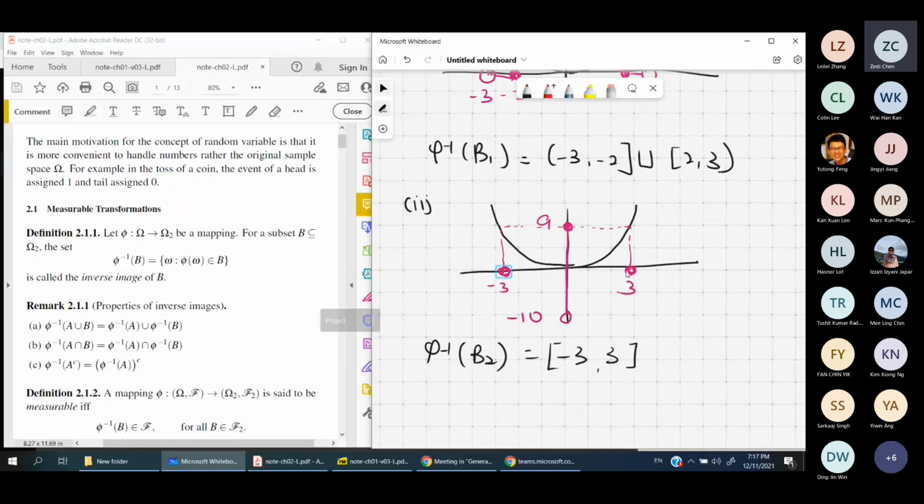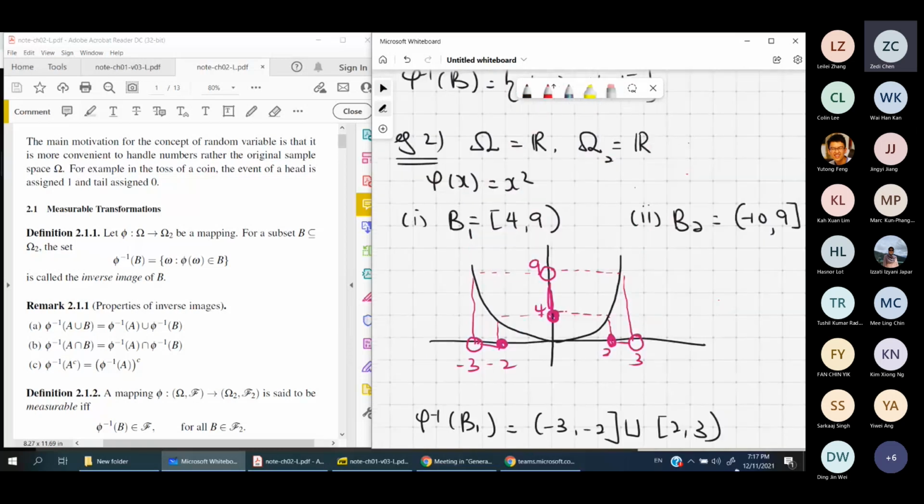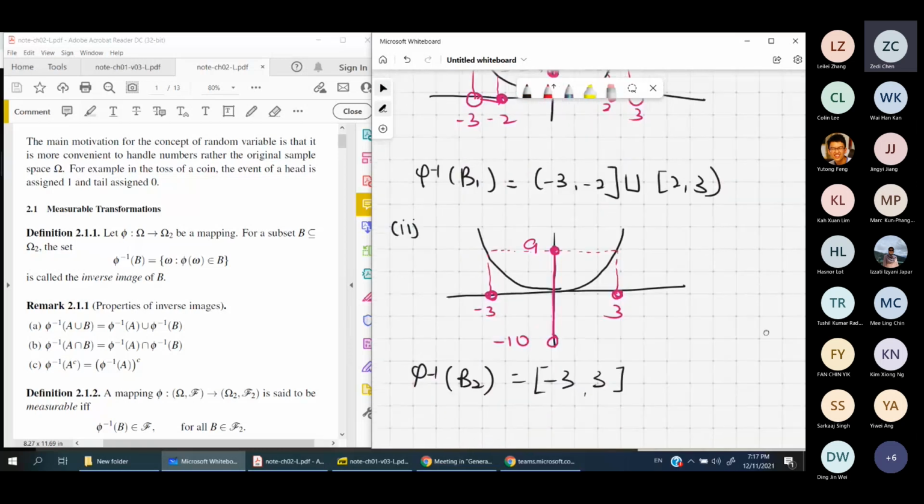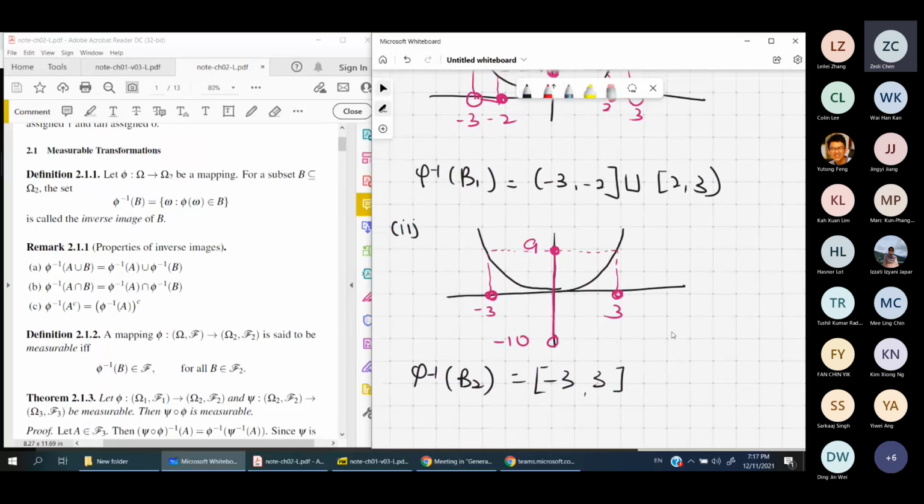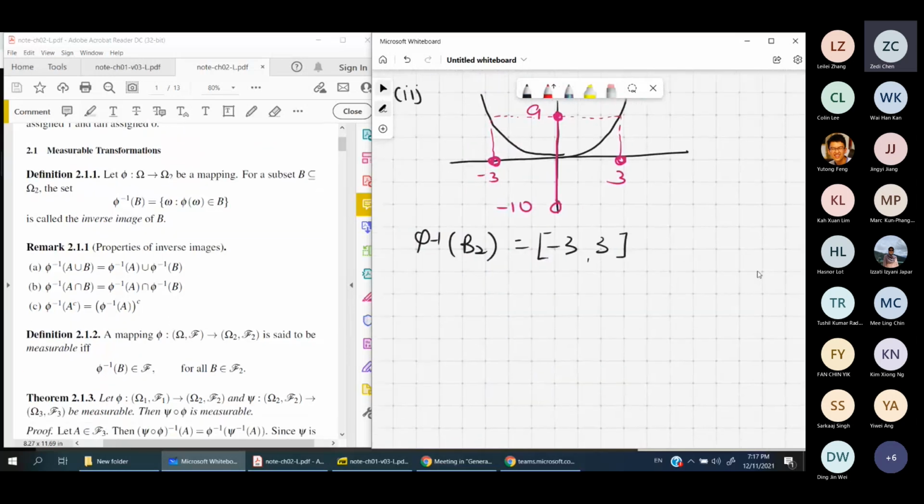For further questions, these are the examples. For further examples of this inverse image, please refer back to what you have learned in your calculus course. I believe you might have already seen this in your calculus course. So the pre-image or the inverse image for A or B will be this. The good news is that it follows some very natural formulas.